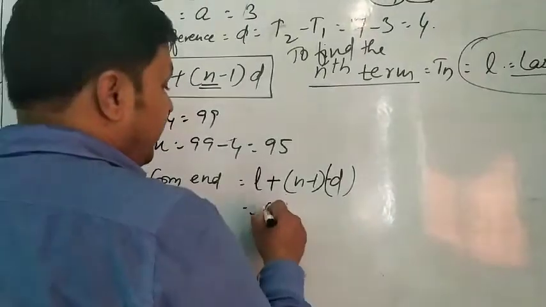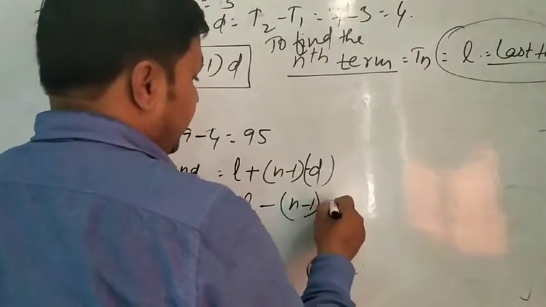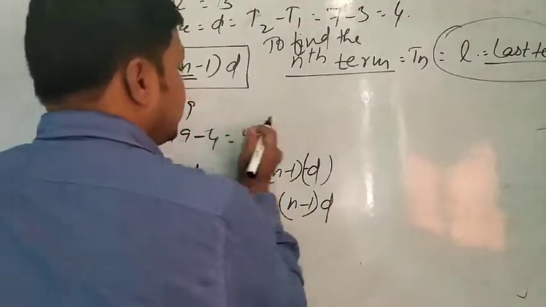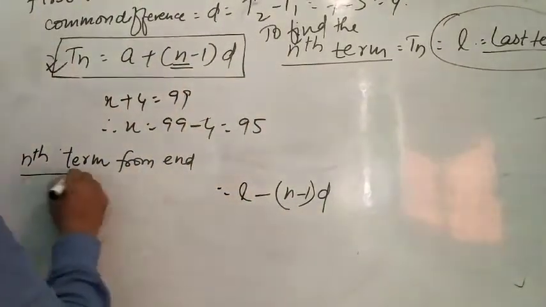So L minus n minus 1 into D is your original formula to find the nth term from the end.